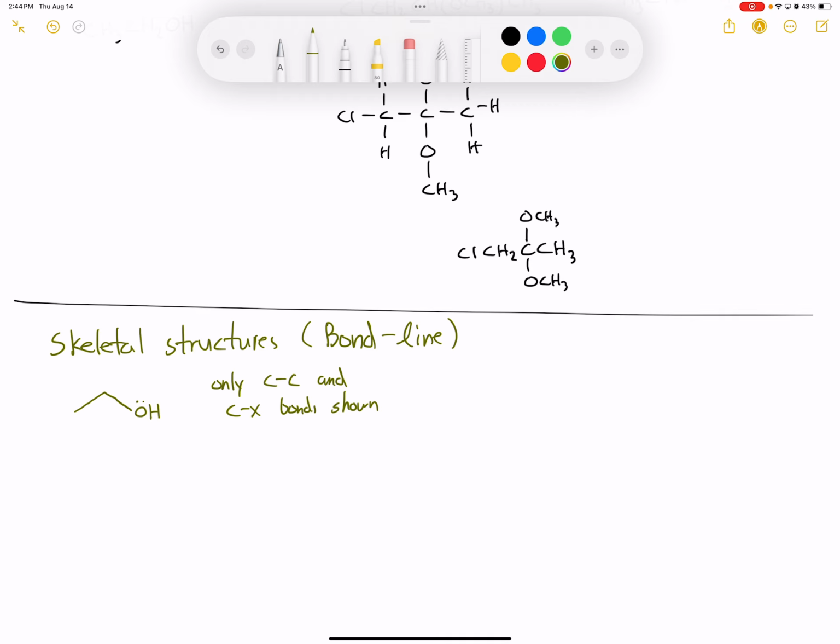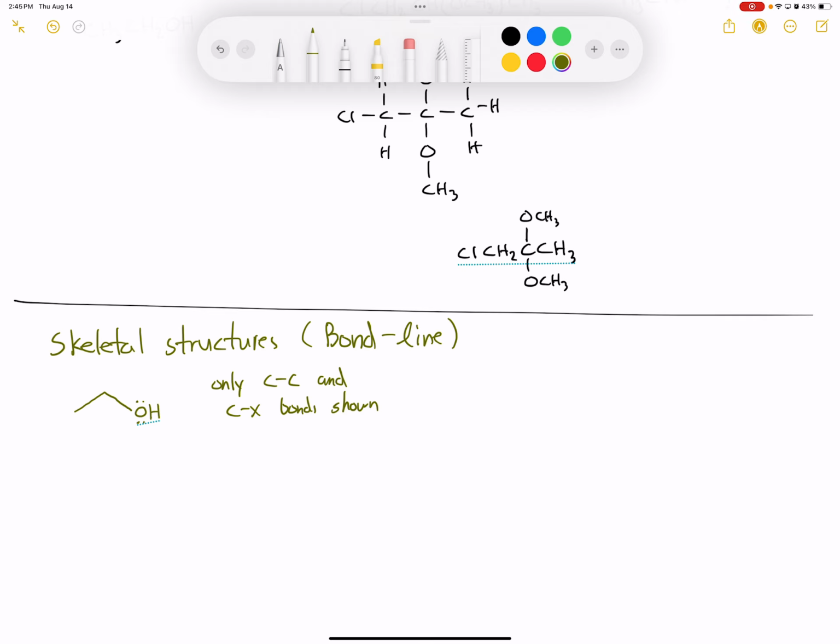So you should still show lone pairs because that helps you know that they're there. If there's lone pairs on heteroatoms, you should show it. If there's lone pairs on carbon, you should show it, okay? Etc. But here, only CC and CX bonds are shown. You technically don't even show bonds to hydrogen, and you don't show hydrogen atoms on carbon.